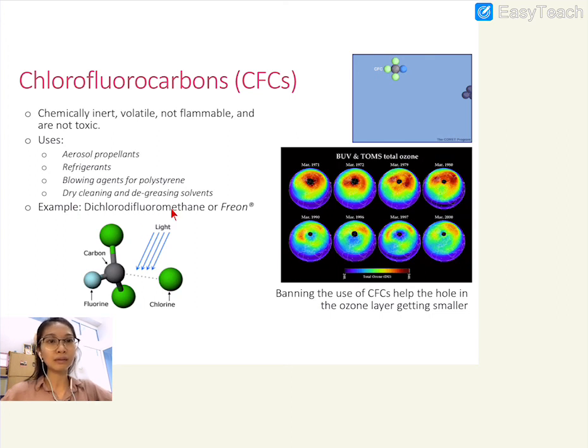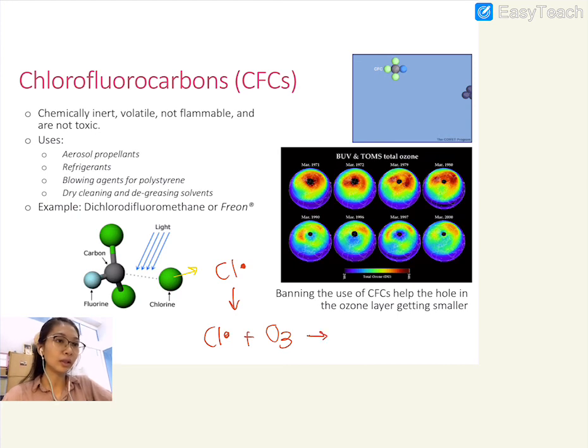So what happens is that when the light from the sunlight is absorbed by this molecule, you see this bond will be broken, right? So what happened? We get our chlorine lost as a free radical, and then this chlorine will react with the ozone in the stratosphere.